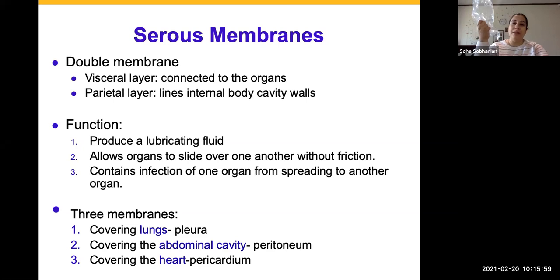If I'm talking about the plastic bag around my heart, it's the pericardium. Make sense so far, guys? So depending on which organ it belongs to, we call them different names. Are they different? No, there is still the double membrane. There's still my plastic bag, but it depends which plastic bag we're talking about.